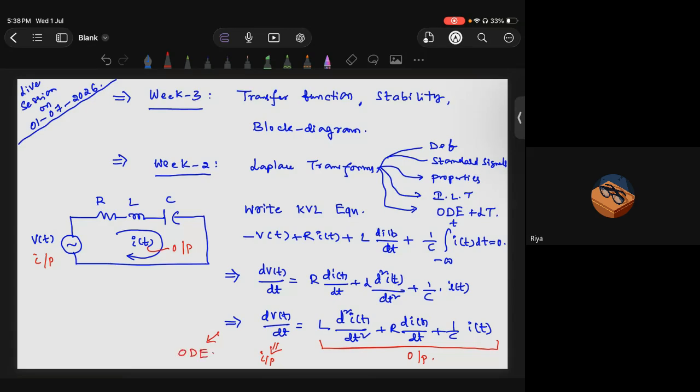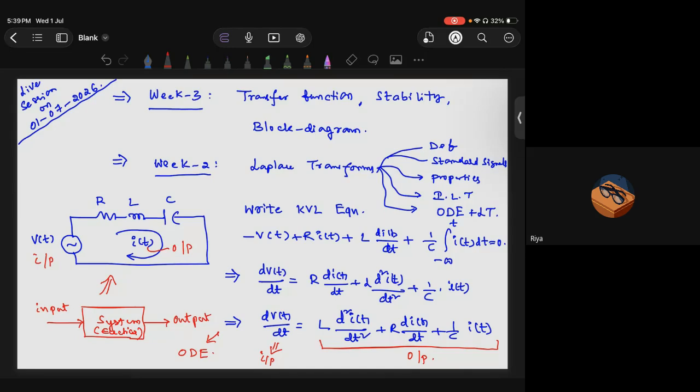Am I correct? Here you may consider this a system. To the system you give something called the input and you get the output. Basically here, this is an electrical system. Correct? Are there any questions on this?